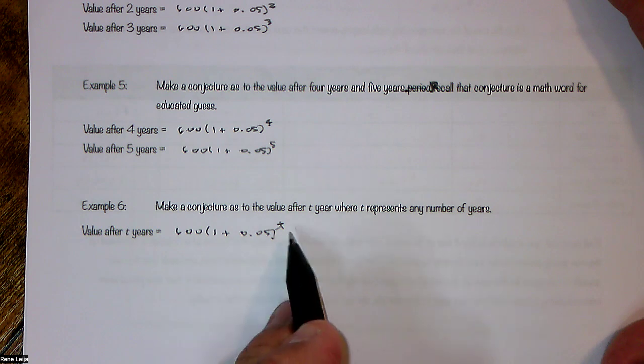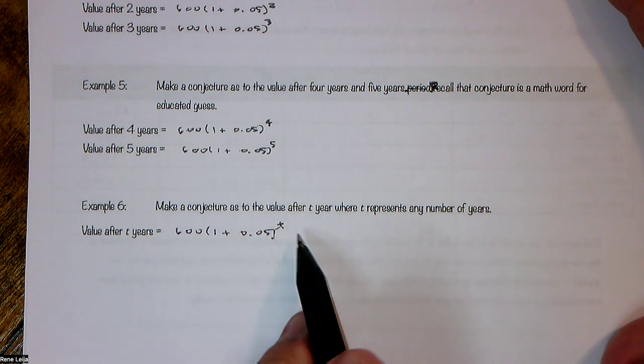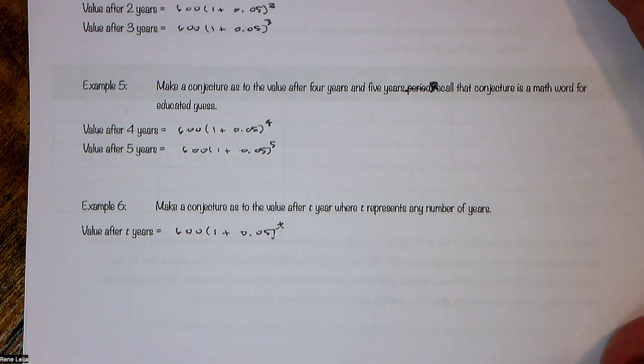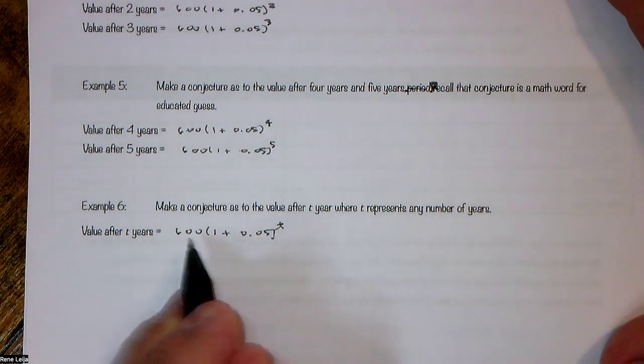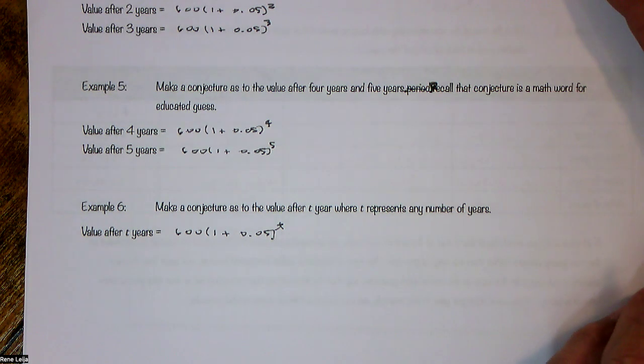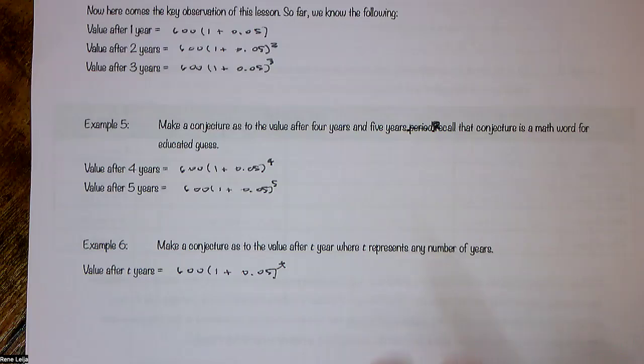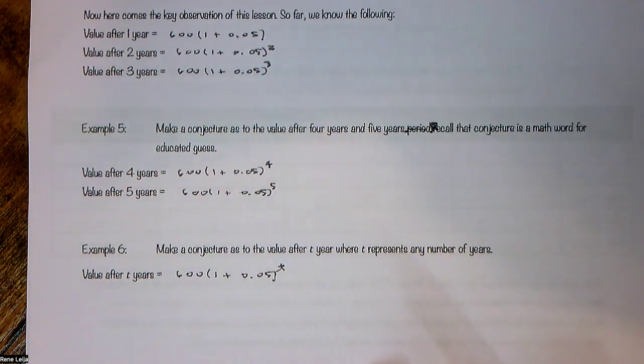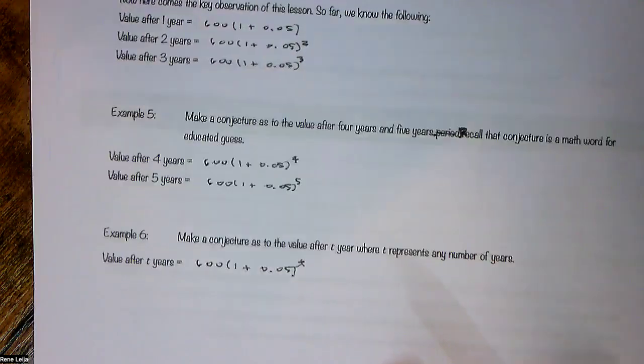So if I want to know how much I am going to have after 15 years, I would take this and raise it to the 15th power. If I want to know after 25 years, I would raise it to 25. Okay. All right.